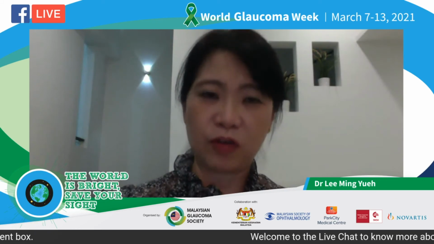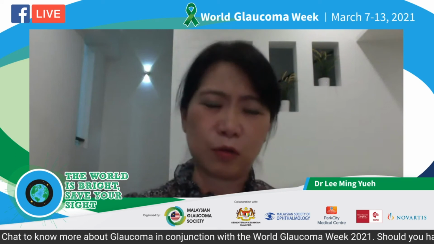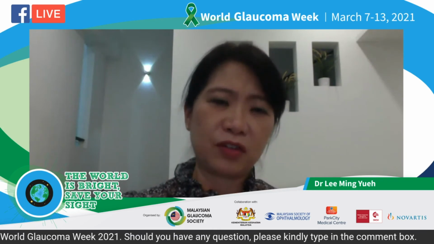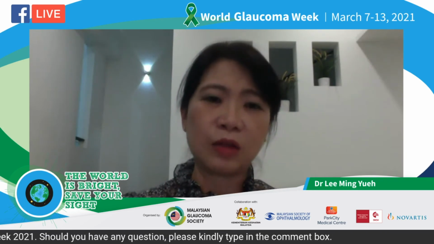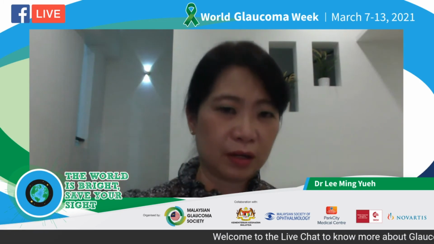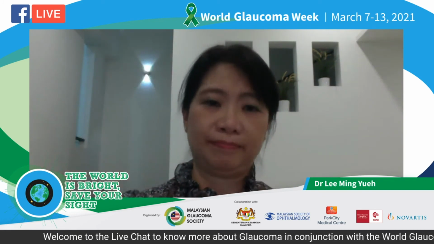When a patient comes to me with a cataract at the age of 50 to 55, and I see the angle is a bit narrow or very narrow, and the cataract is significant already, it's very beneficial to take out the cataract. You are killing two birds with one stone: you get rid of the lens opacity, and at the same time you reduce your risk of angle closure glaucoma, or reduce your pressure as well.